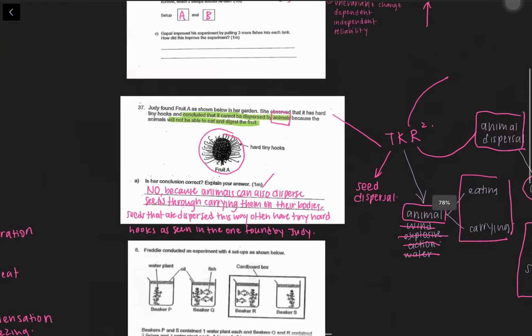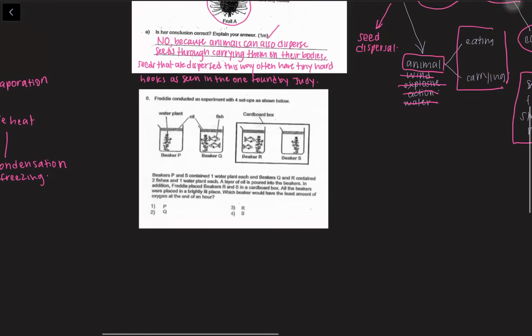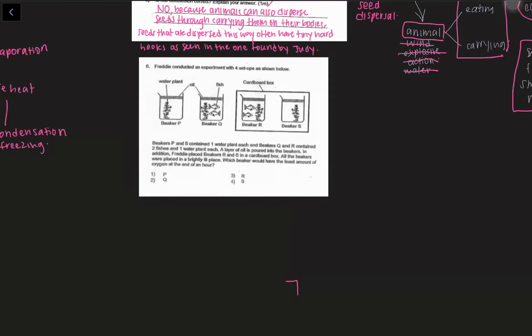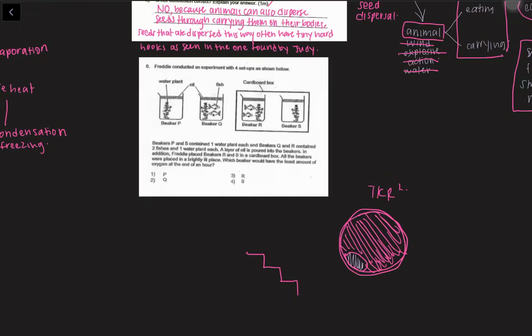So we see how the TKR square framework allows us to have a step-by-step process in which we know a lot of stuff in our head. However, through the TKR square method, we slowly cut down the amount of things that we need to think about, and we only find that small piece of information in our head that is required by the question.